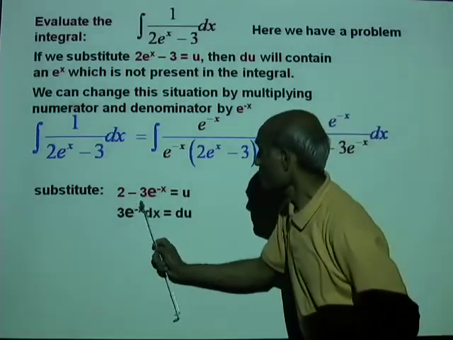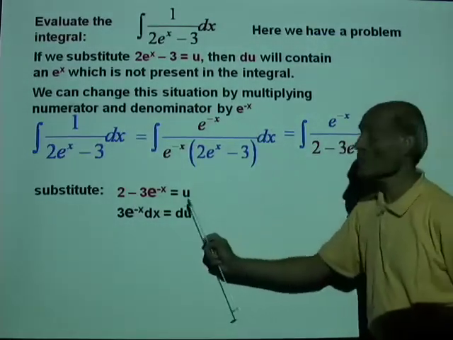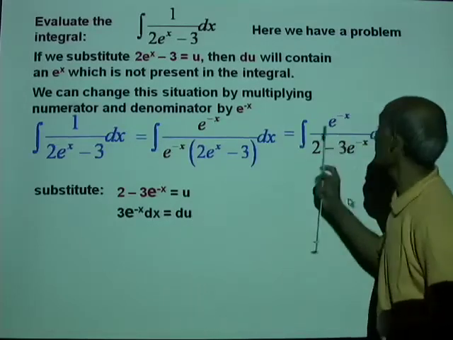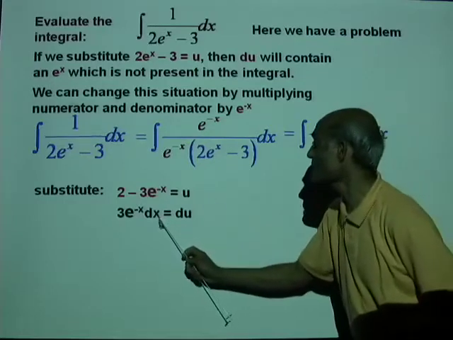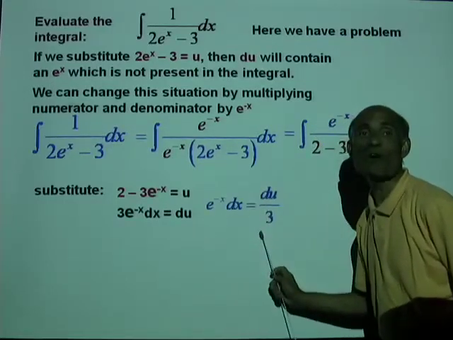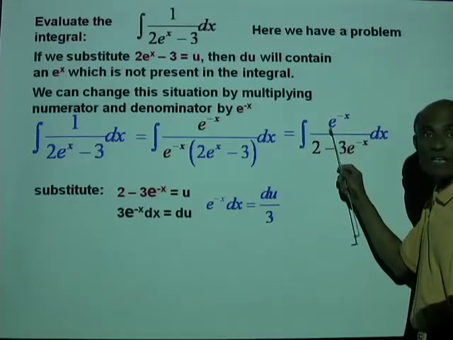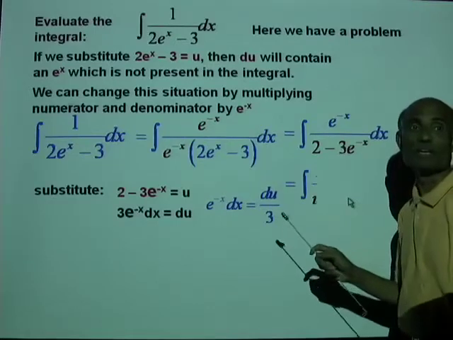So once you have this quantity equal to u, now watch this. e to the negative x dx can now be replaced. e to the negative x dx can be replaced as du over 3. So this is our u, and e to the negative x dx becomes du over 3.